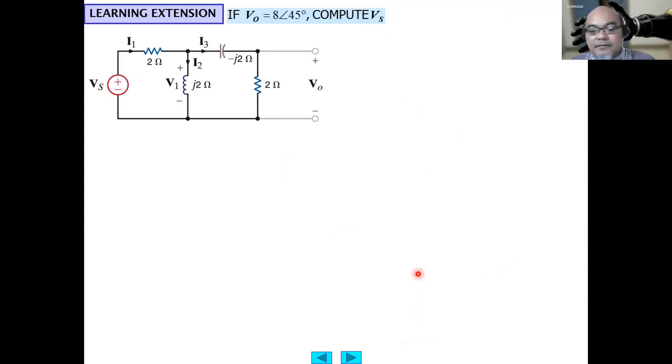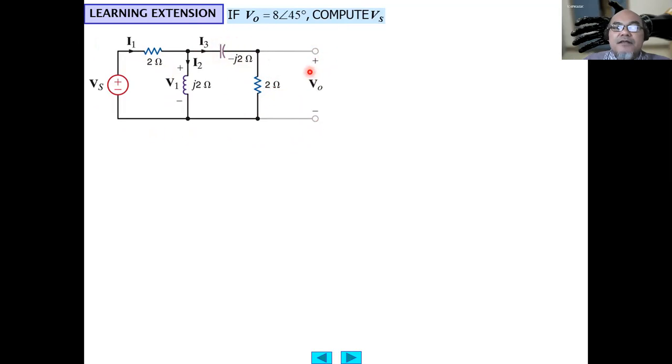Okay, so this one: if the V output here is 8 with an angle of 45 degrees, compute Vs. Now this is a backward calculation, but basically the same. So V output equals I3 multiplied by 2 ohm, right?